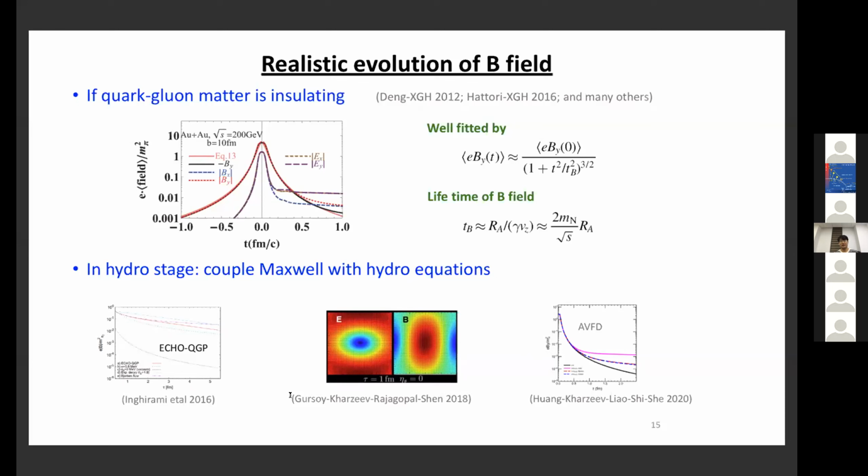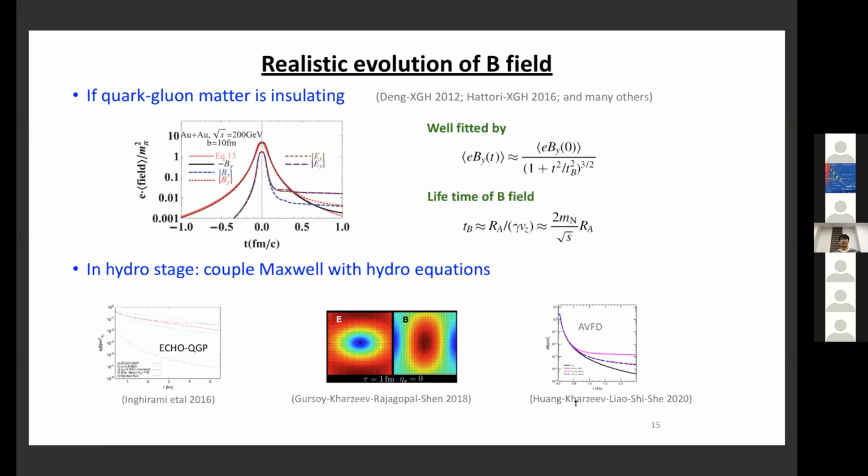There were also calculations using other hydro codes, and recently there is also a calculation using AVFD, showing that indeed when the conductivity is encoded into the hydrodynamic evolution, the B field could be much longer lived.